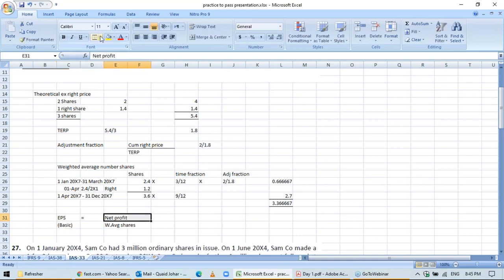The profit for the year was 3 million. So 3 million divided by 3.3667 gives you an EPS of 0.891. This means 89.1 cents. So this is the EPS.